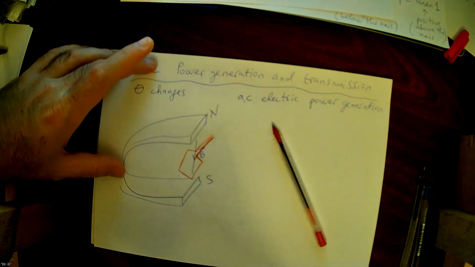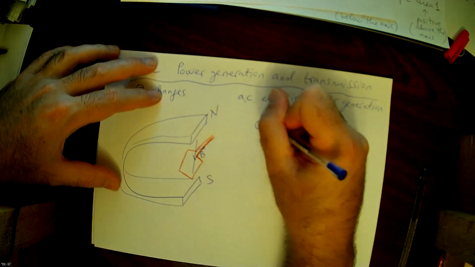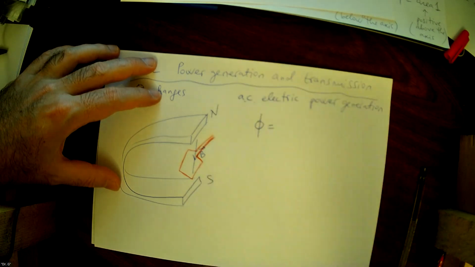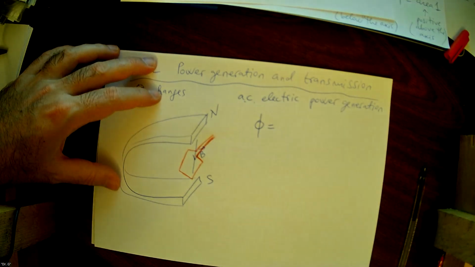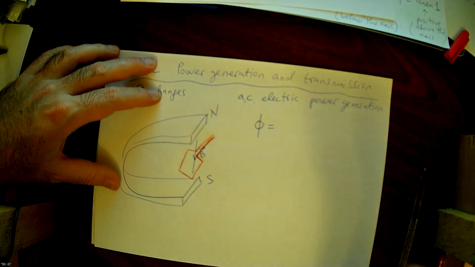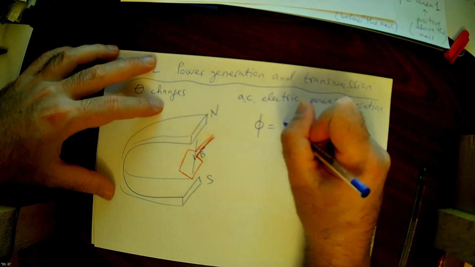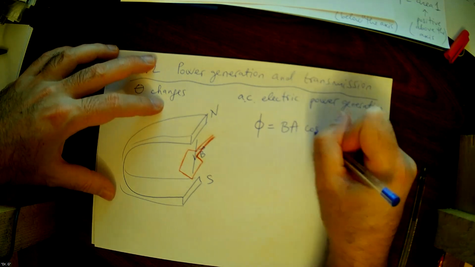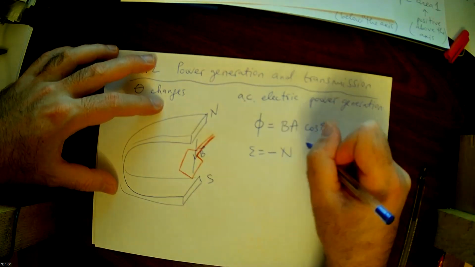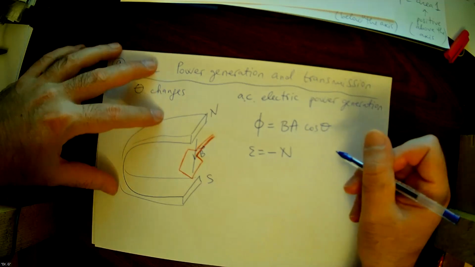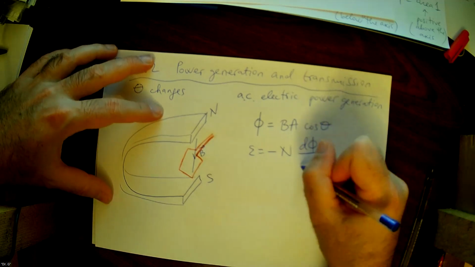Okay, so back to the formulas. The magnetic flux is BA cos theta, and the EMF is negative N. Here, instead of delta phi over delta T, I'm going to write d phi over dt.